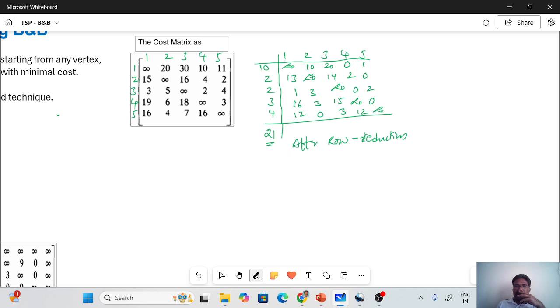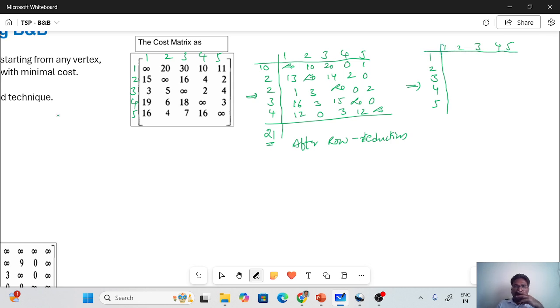After this, you must find the column minimums. We have done the rows, now for each column we are going to find the minimum value.